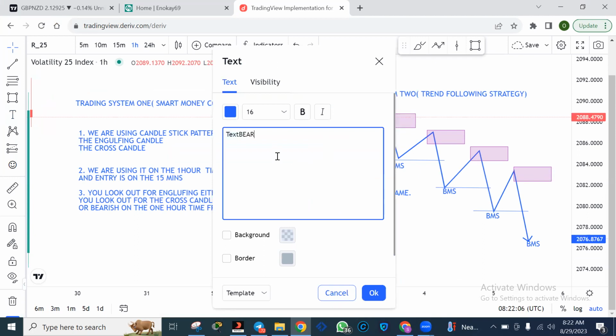It can either be a bearish engulfing or a bullish engulfing. Please keep this in mind.